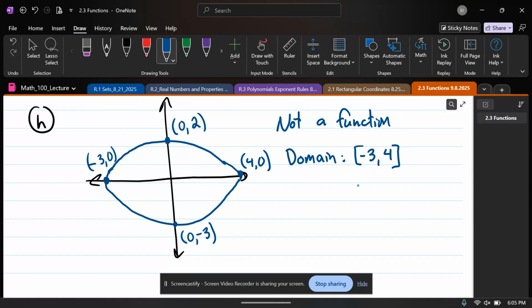You could also say that would be -3 is less than or equal to x is less than or equal to 4. Those are the mathematical symbols for saying the x values are between -3 and +4. That's what that's saying to us. The x values are between -3 and +4, including -3 and +4. What about the range?